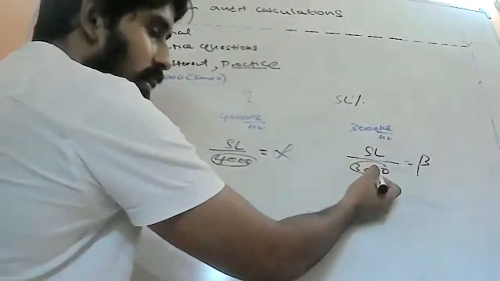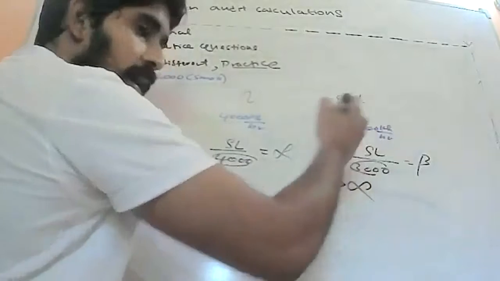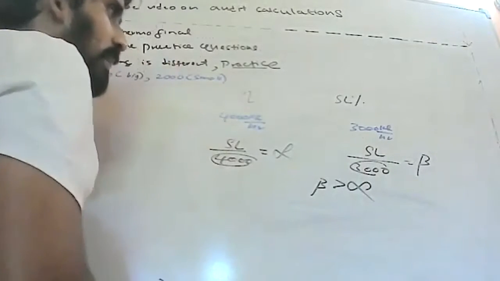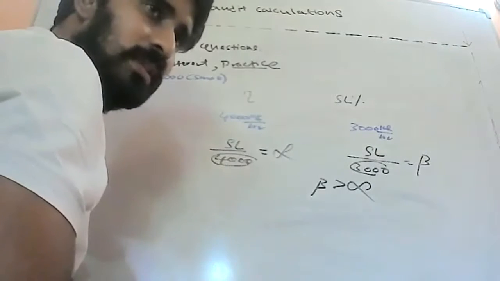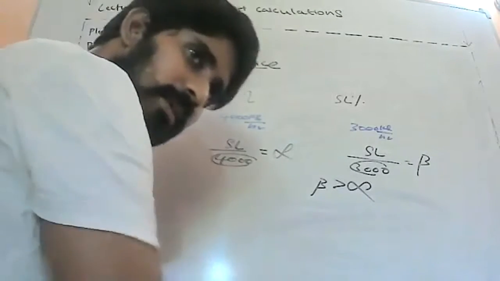Definitely when the denominator is going down, beta must be higher than alpha. So I think you got the point. So now we can simply do the calculation. You need to understand this logic. That is the most important.